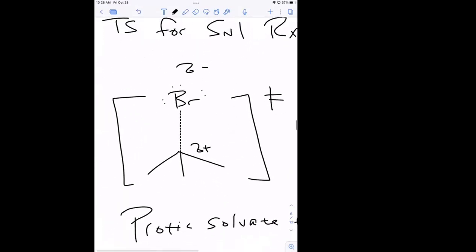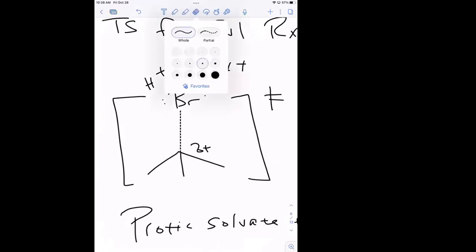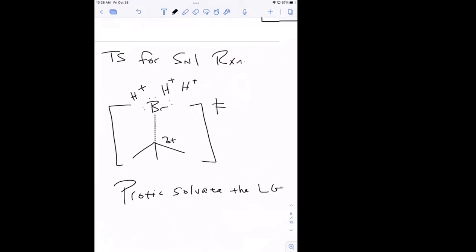I can put a bunch of protons up here. Those protons, the same protons that can surround your nucleophile, can also surround your leaving group.